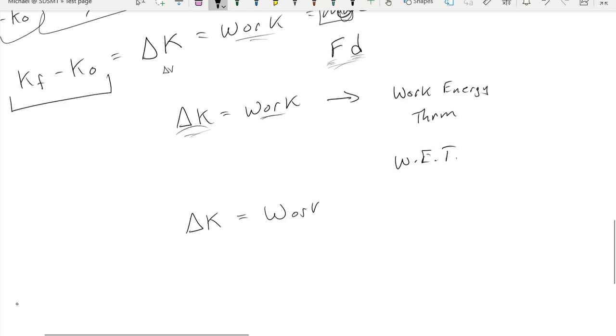Okay. Well, how many different forces can you have applied to a mass at any given time? You could have one. You could have more than one. You could have 2, 3, 4. We've already seen in chapters 5 and 6 that we can have a multitude of different forces acting on a mass at the same time.